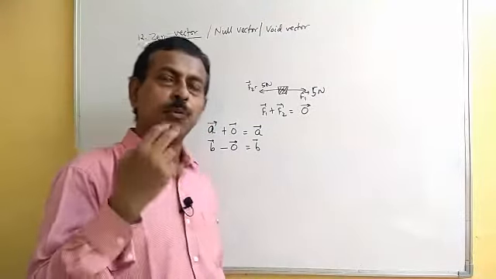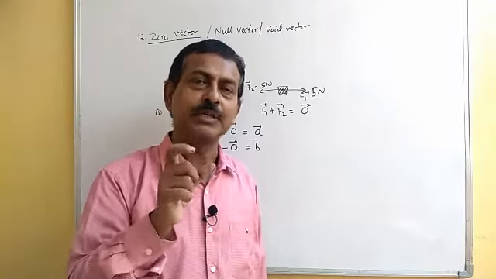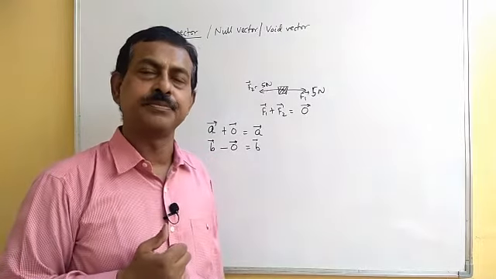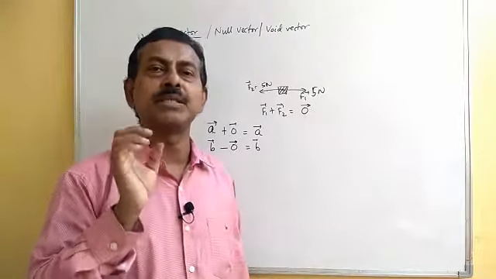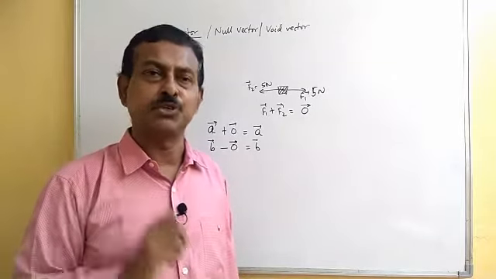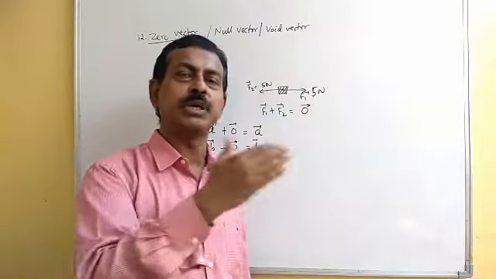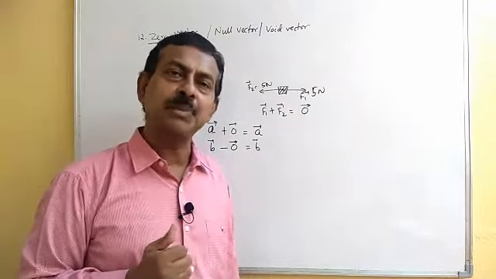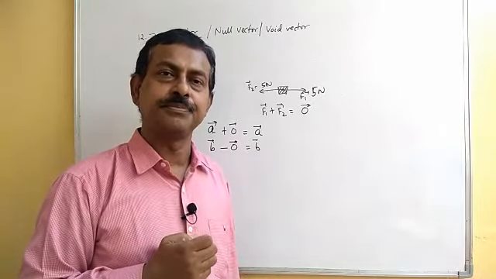Now how do we get that? When you do addition of vectors, you will find that if the two vectors are acting along the same direction, the magnitude of the resultant is given by the sum of the magnitudes of the individual vectors. Suppose you have a force of 4 Newton in one direction, and 3 Newton of force is also acting in the same direction on the body, the resultant will be 7 Newton.